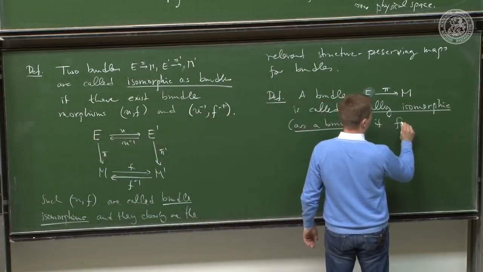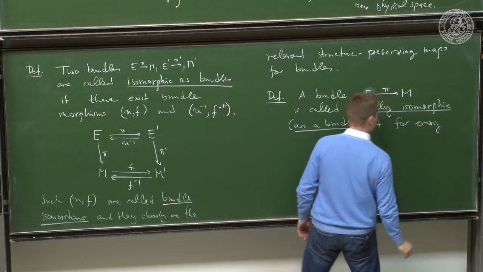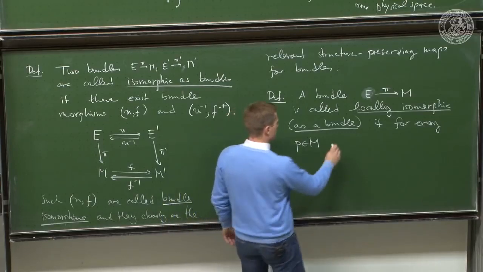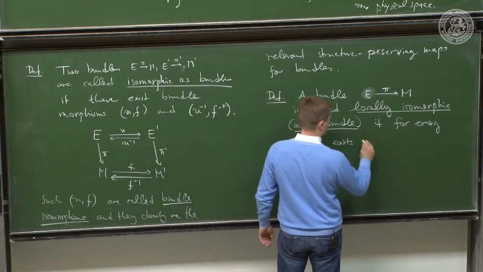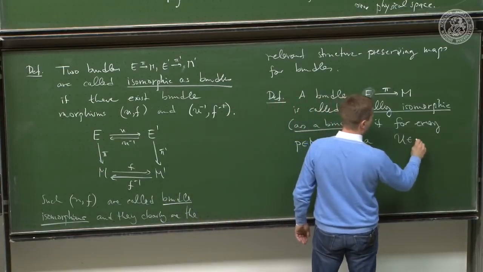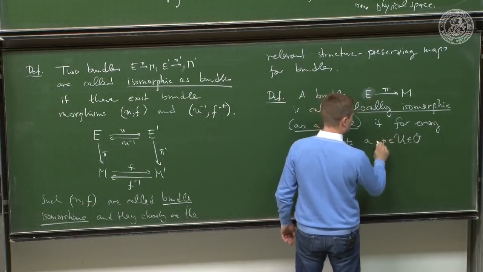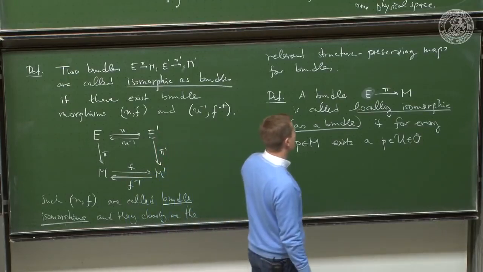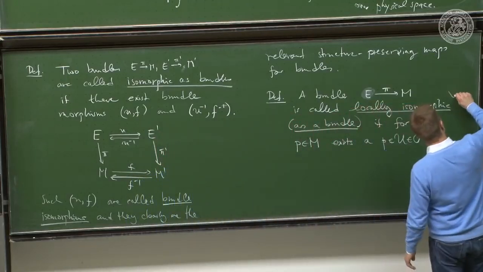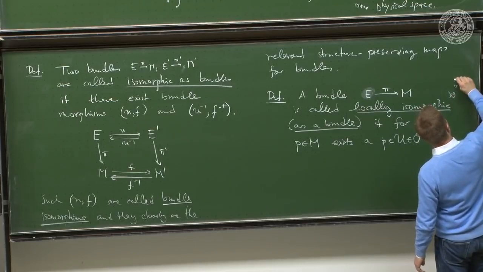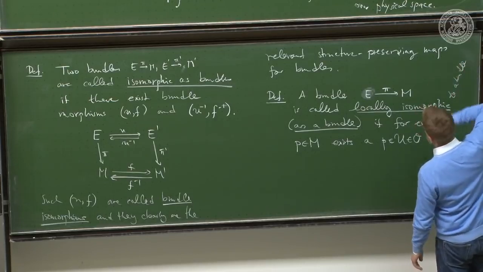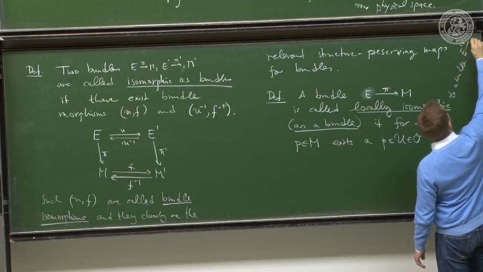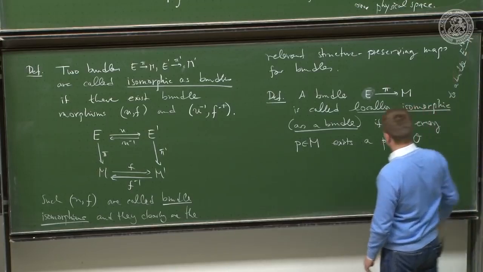If for every point P in M of the base space, there exists an open set U that contains the point P. So it's called locally isomorphic to another bundle, E prime, pi prime, M prime.